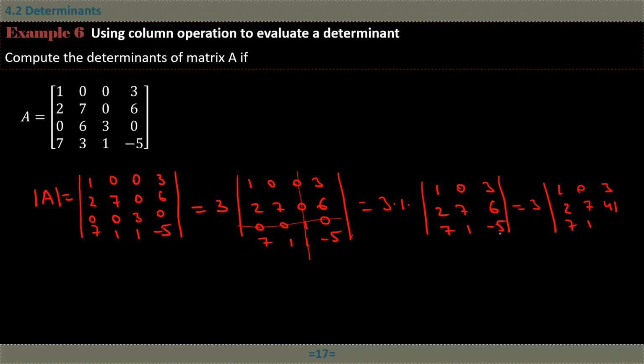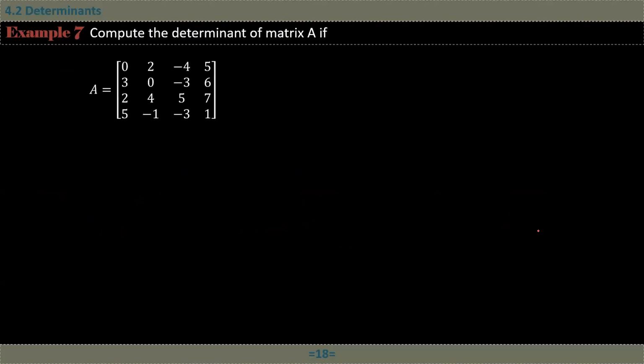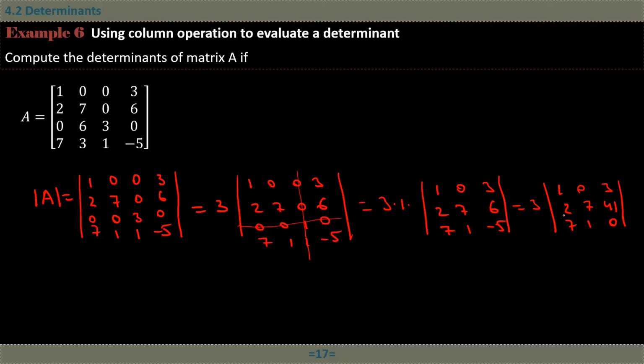Multiply by 5 and add, this is equal to 0. At the same time, actually, I can multiply the second column by negative 7 and add here. Let me just write here, no problem, since we are just practicing the properties.